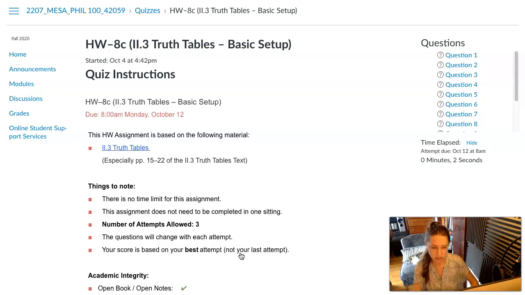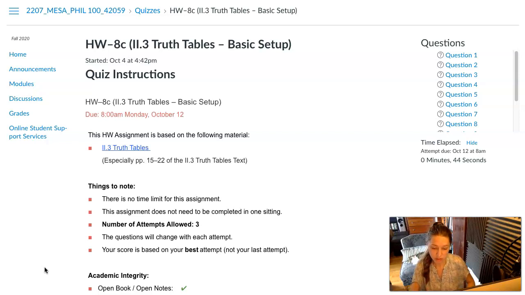Now you get multiple attempts at this, and a common strategy for completing homework that I'm seeing some people do that is definitely not effective is to either submit a blank first pass or just fill it in at random and then use the answers to do the next attempt, and do them back to back. That's not a particularly effective way to actually test your understanding and then learn the material.